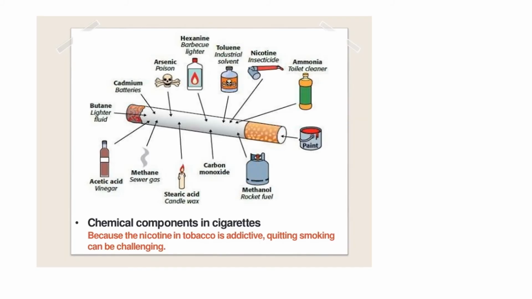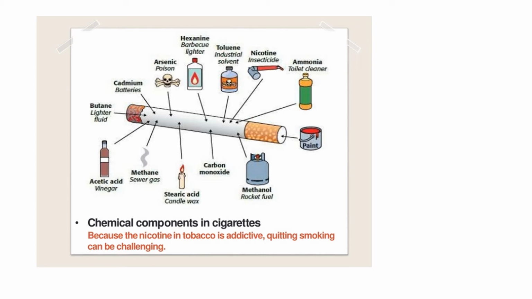Before going into the slides, I'll show you two pictures: what bad effects smoking can have on us, and what ingredients can cause harmful effects. This is a picture of a cigarette, and what it emits and what it contains.